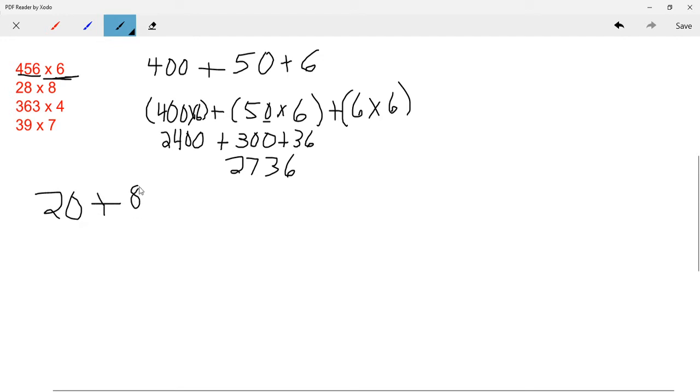So let's do 28 times 8, 20 plus 8. To split this one up into expanded form, basically it is 20 times 8.